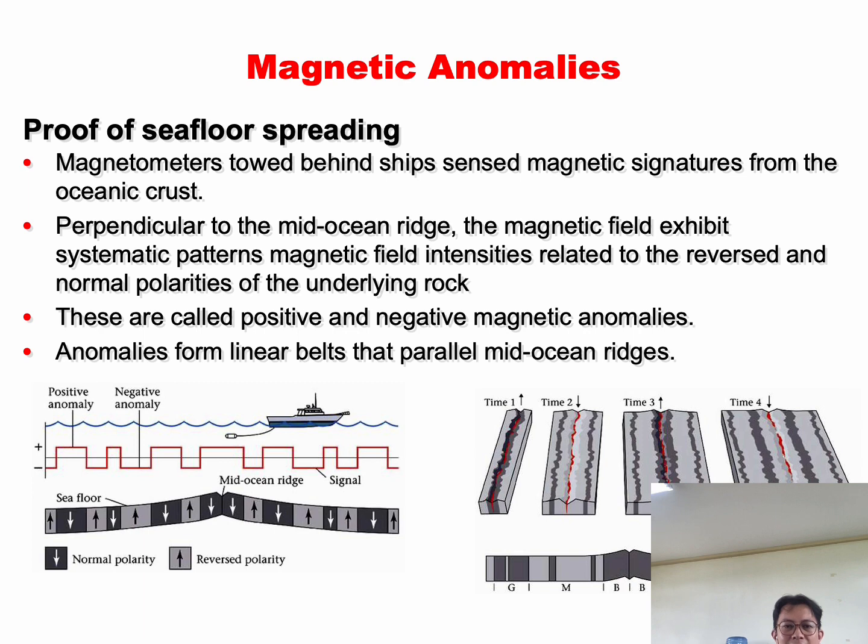Before normal polarity, there was reverse polarity, because our Earth changed its polarity. So meaning, we can use it as evidence that the seafloor is spreading because of the different anomalies or polarities in our seafloor. Okay? As it spreads, the polarity of our magnetic field changes.